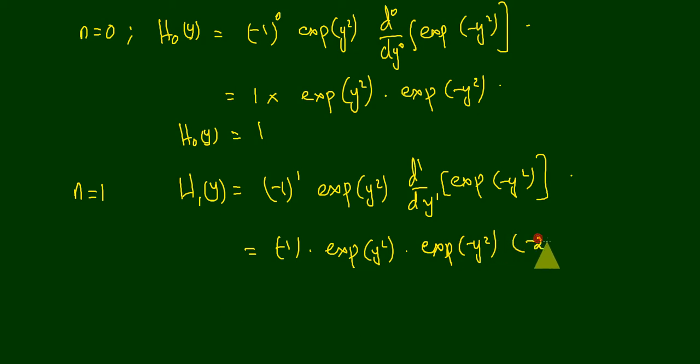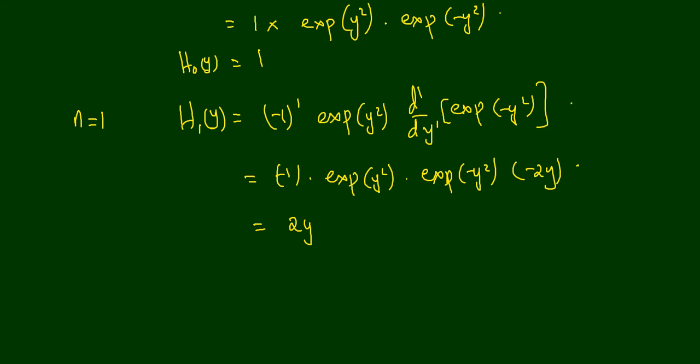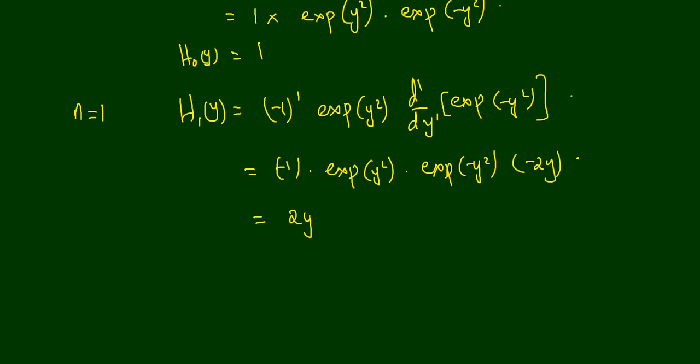Minus into minus is plus, so we get 2y, and the exponentials cancel. So H1(y) is equal to 2y.